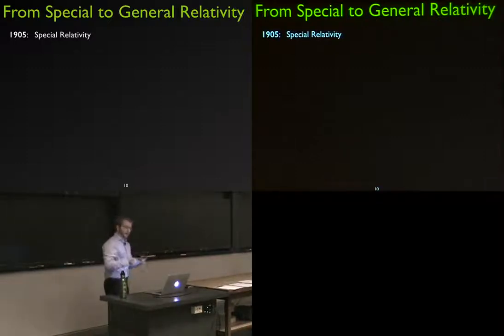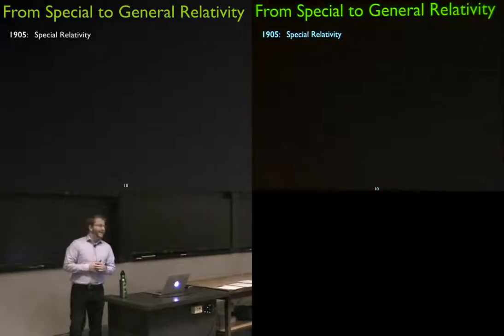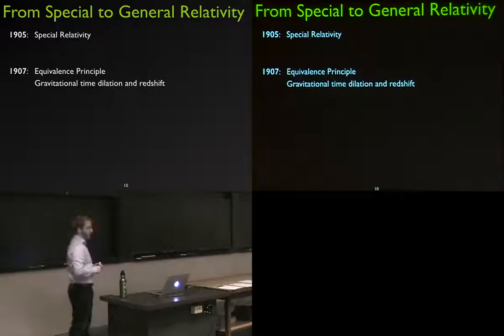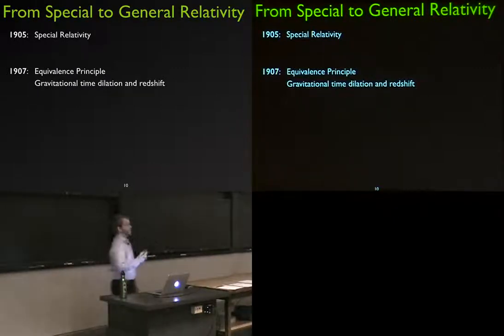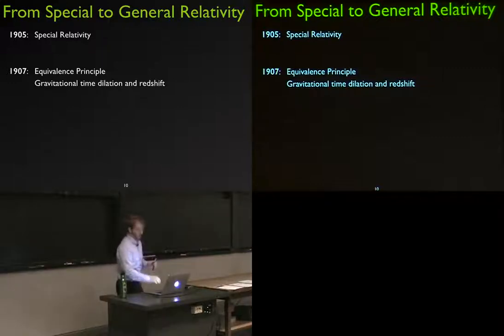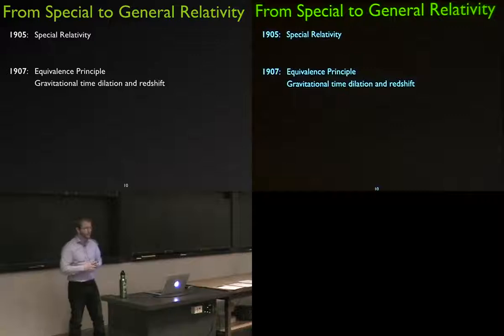So 1905, that's when Einstein's special relativity was put forth. In 1907 were the first papers that were starting to lead to this idea of general relativity. And I'll go into what all of these things are in a bit. But the equivalence principle and gravitational time dilation and redshifting of light due to gravity was one paper they had focused on in 1907.